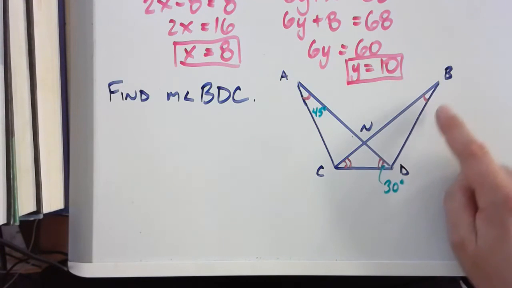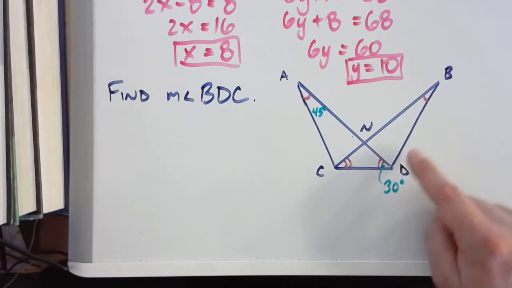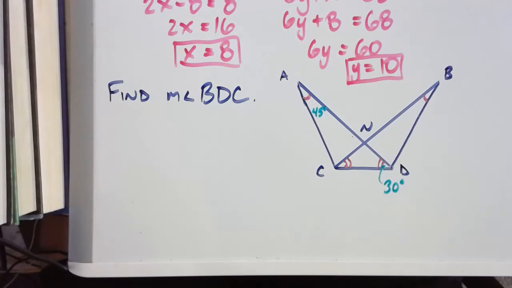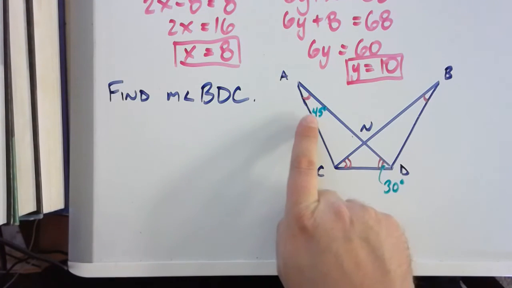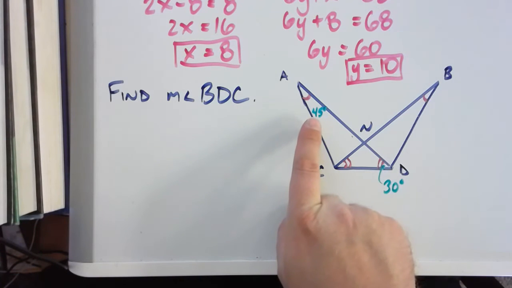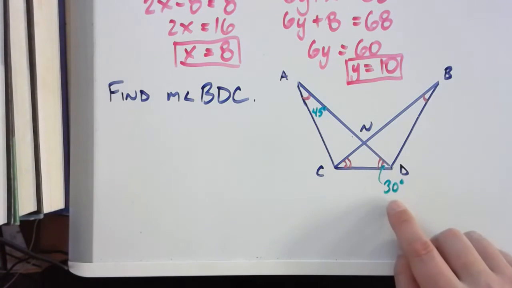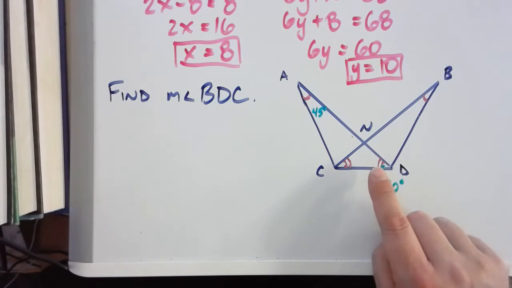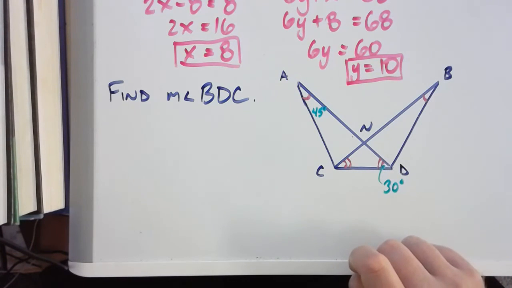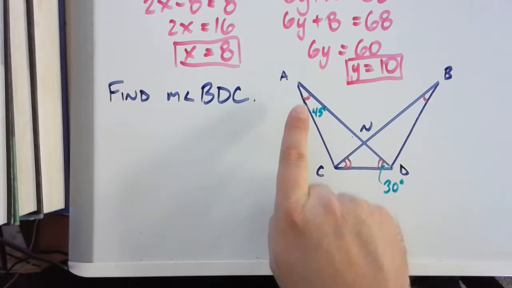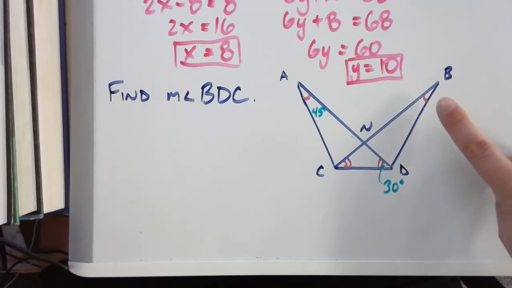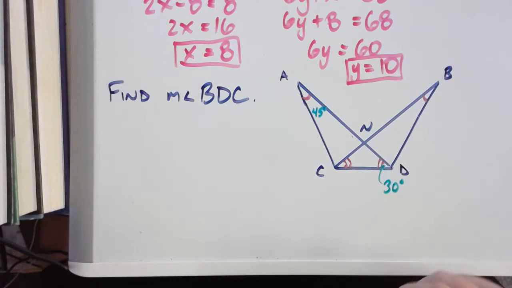Okay? And we're going to use a couple of tricks up our sleeve to get to this guy. First, the information they've given us is given on purpose. That 45 degrees wedged in there, they tell us that's 45 for a reason. The 30 degrees wedged in here, they tell us that one for a reason as well. And we see these arches. These arches refer to matching angles, congruent angles.